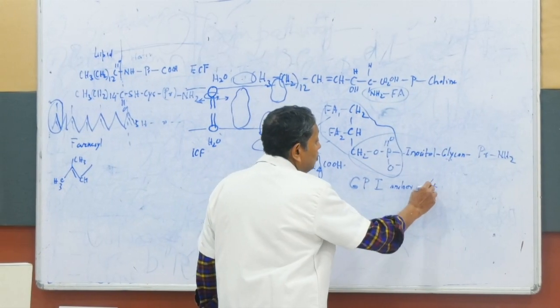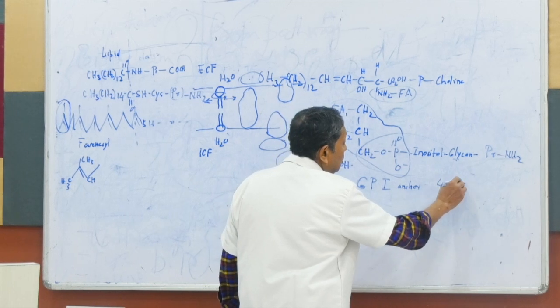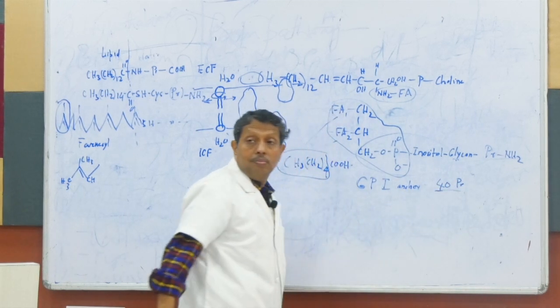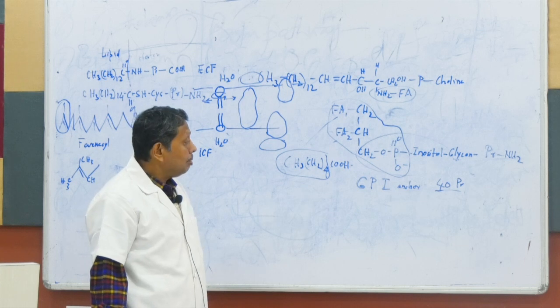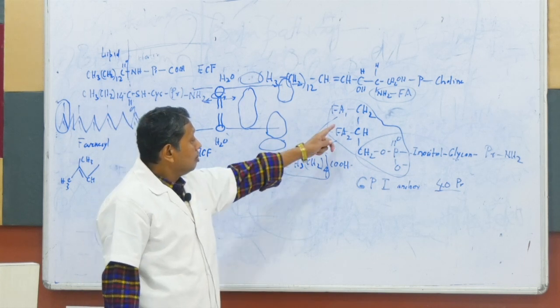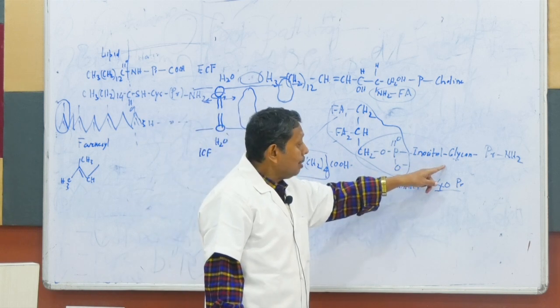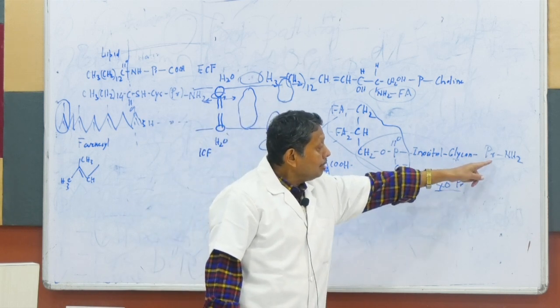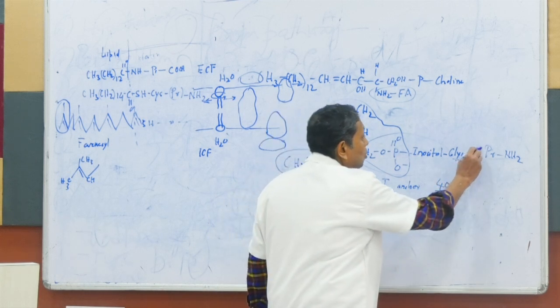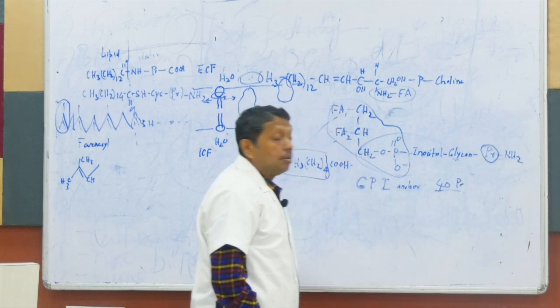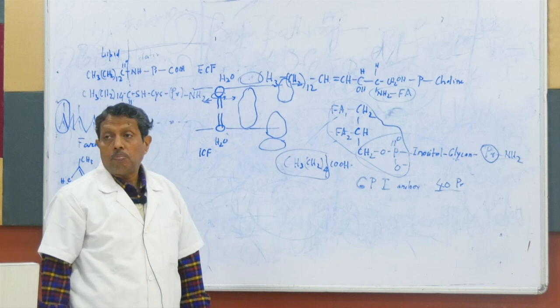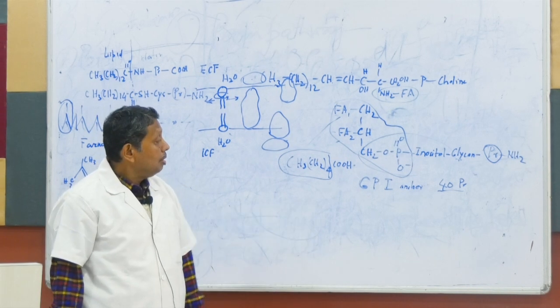About 40 proteins are attached in this way. This is the phosphatidyl inositol, this is the glycan moiety, and this is the protein. The basic concept is this: 40 proteins.